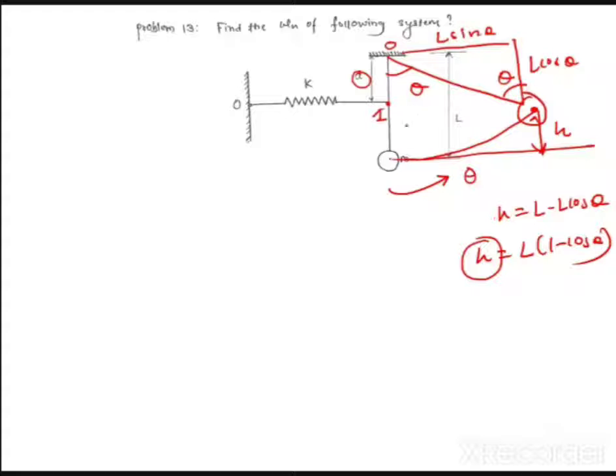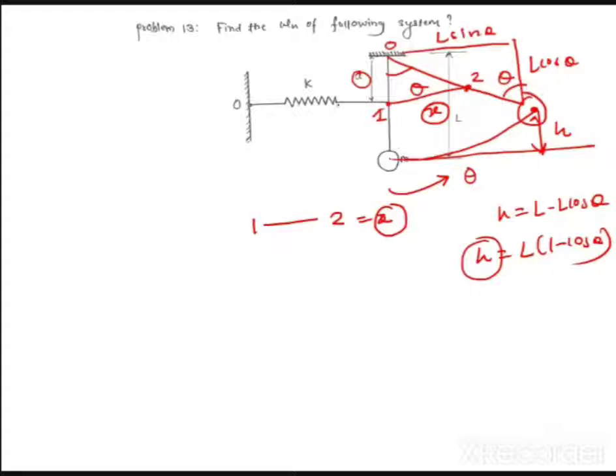Now, from this position, you can understand that this point 1 will go to this point number 2. Let us say that the distance between the point 1 and 2 is x. So point 1 moves to point 2 by a distance x.